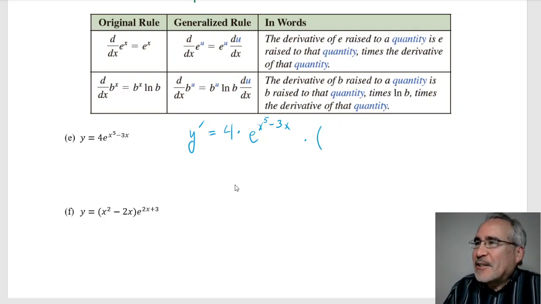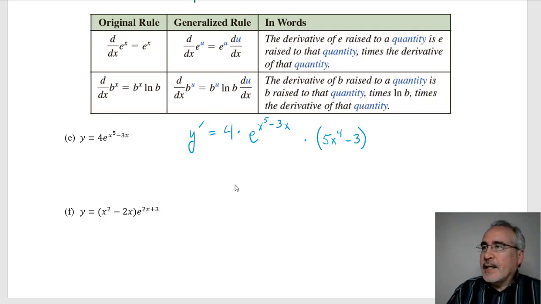So x to the 5th, its derivative, the 5 comes down, subtract 1 from the exponent, and we have x to the 4th. Negative 3x, its derivative is going to be negative 3. And then x to the 0 power, so that's why that's 1. This is our answer.